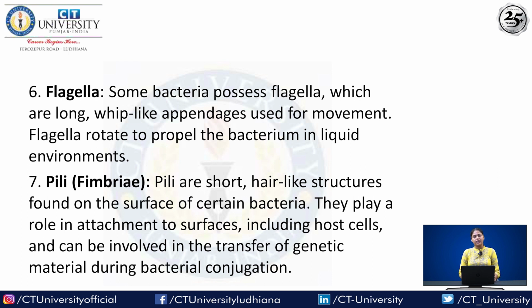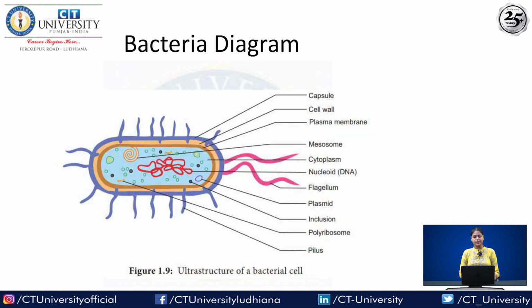Next is pili. It's also known as fimbriae. Pili's third name is conjugation tube, which allows the exchange of genetic material between two bacterial bodies. So it is helpful for the conjugation process by making the conjugation tube. This is the bacterial diagram as we have discussed.